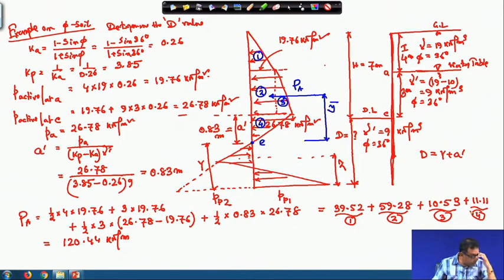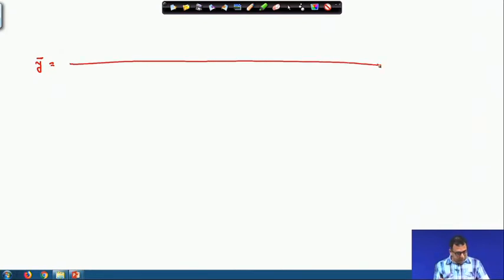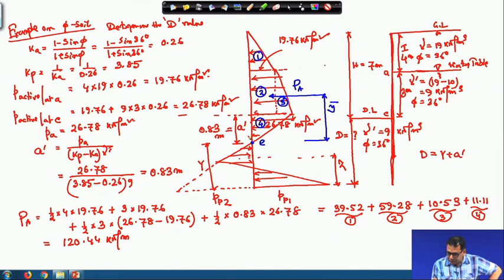So, now I will calculate the y bar part. Okay. And the y bar is from the E point to the P A. This is the first part, the first triangle. Let us see for the first triangle. So, the force is acting here.